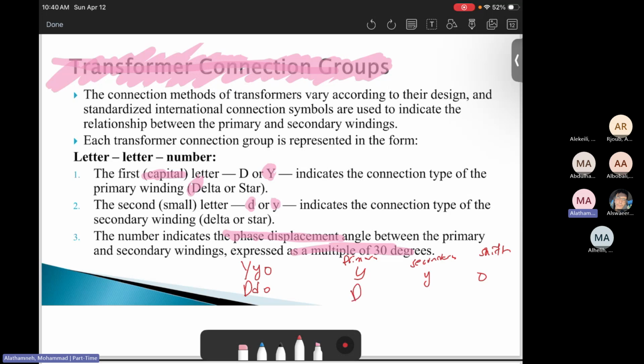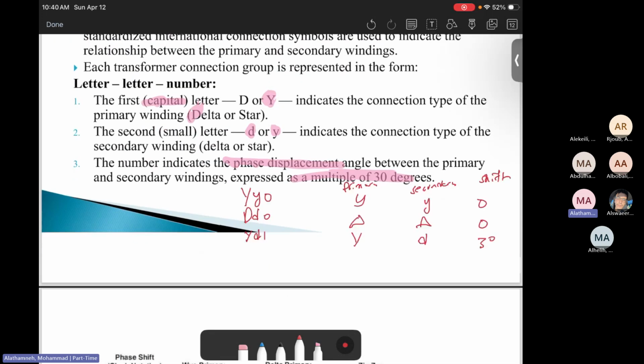The primary is delta, the secondary is delta, then the phase shift is 0. How about Yd1? Let me fix it. Y should be capital, the first letter should be a capital letter. Yd1. So the primary is Y, the secondary, small d, is delta, then the phase shift is 1 times 30, which will be 30 degrees.